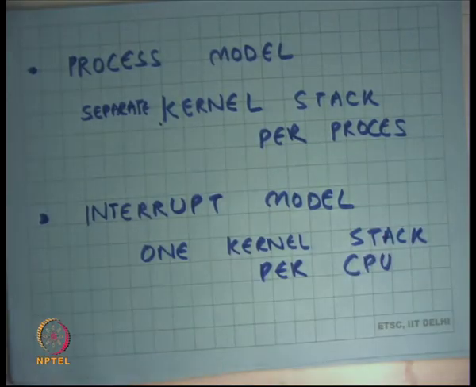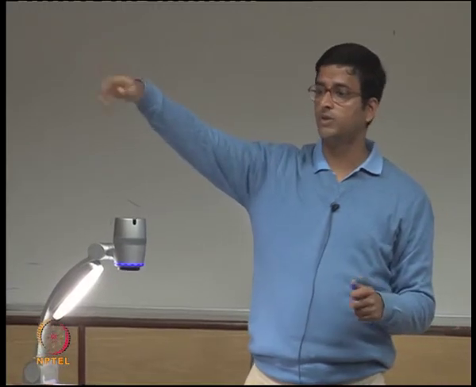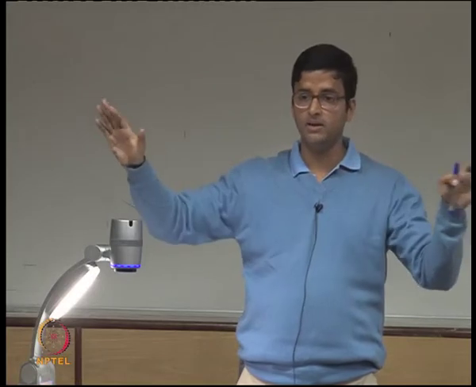So let's say there's just one CPU in your system, then there's just one kernel stack. And so what will happen is that there's just one kernel stack, and that's the value that goes into SS0 and ESP0 that the hardware knows, and that's permanent. And so whenever you enter, you enter on that stack.